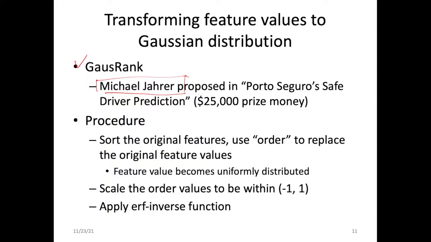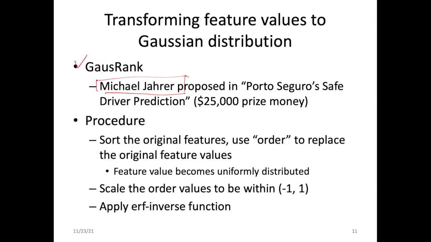But he proposed one way to encode the numerical features, which turned out to be very useful for this competition. So I'll tell you what it is. I only saw this technique in the Kaggle competition forum. I have never seen anyone discuss this technique in, let's say, papers. Using this technique, you can convert any numerical feature into Gaussian shape. No matter what the original distribution is, you can always convert it into Gaussian.